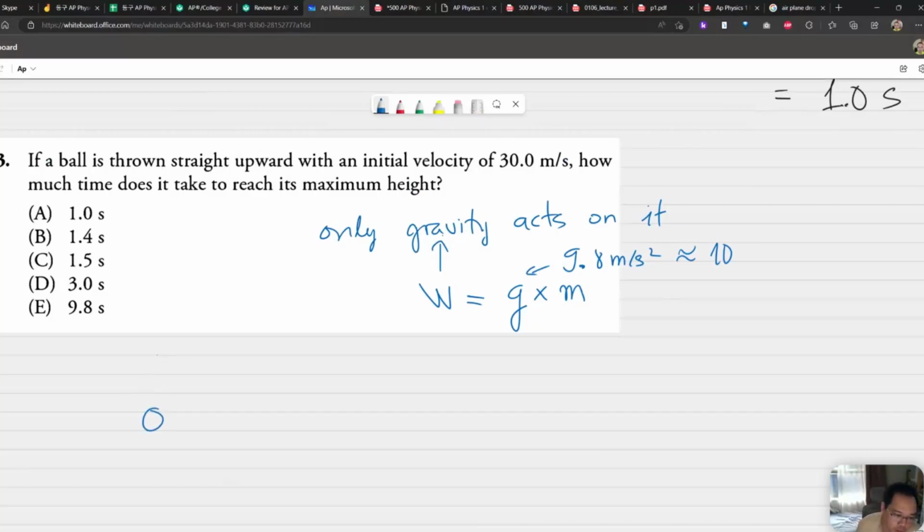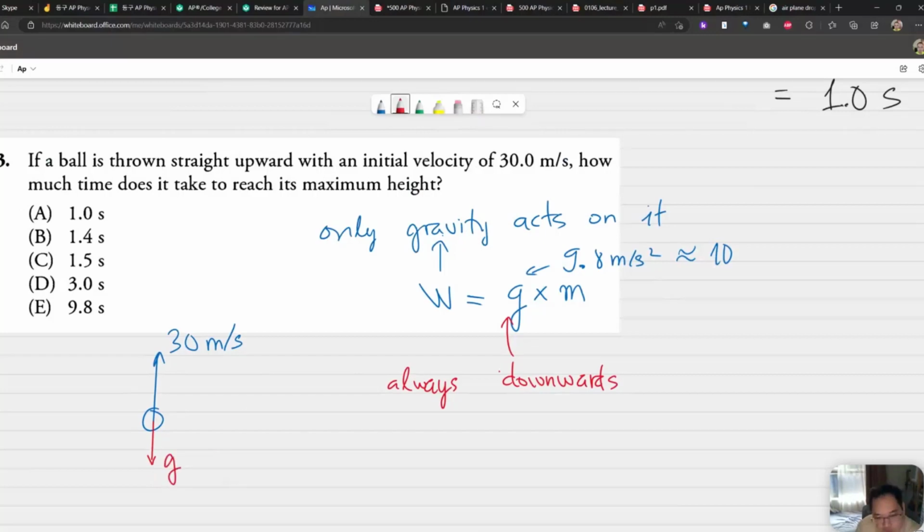Thrown upward with initial velocity 30 meters per second. Because the acceleration is downward, this g is downward. Always. It is always downwards, and therefore it will decelerate the ball's motion.